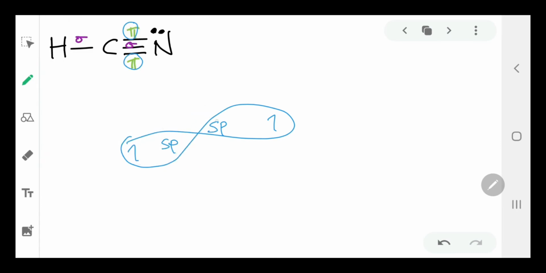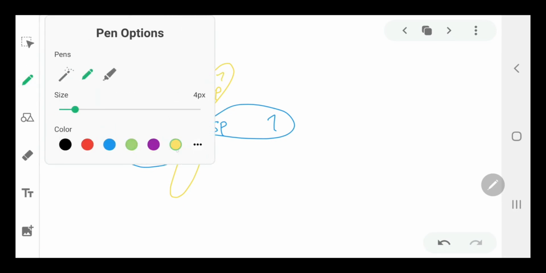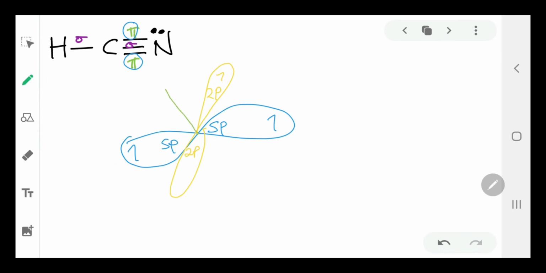You have one like this, 2p, 1 unpaired electron, and then we have another one like that, 2p, 1 unpaired electron.